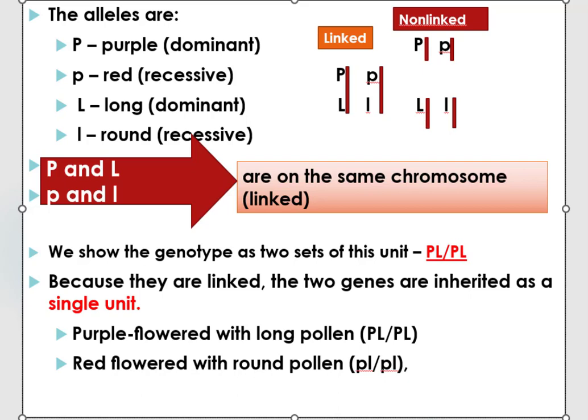Because they are linked, the two genes are inherited as a single unit. The phenotype determined by capital P capital L slash capital P capital L is purple flowered with long pollen, and the phenotype determined by small p small l slash small p small l is red flowered with round pollen.